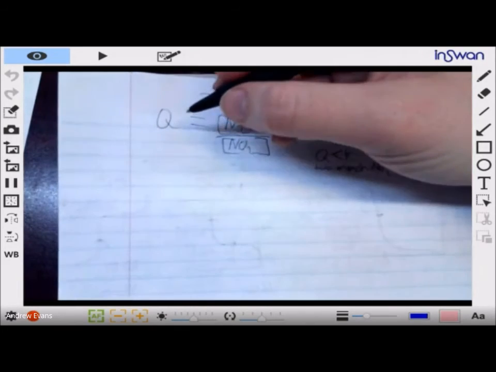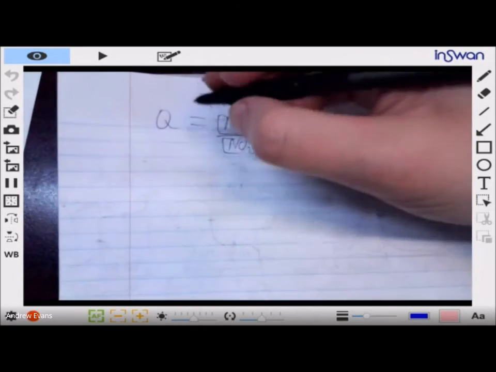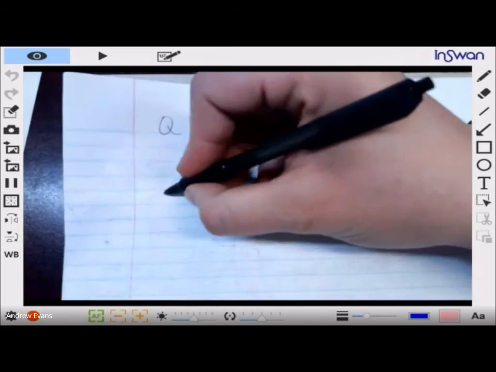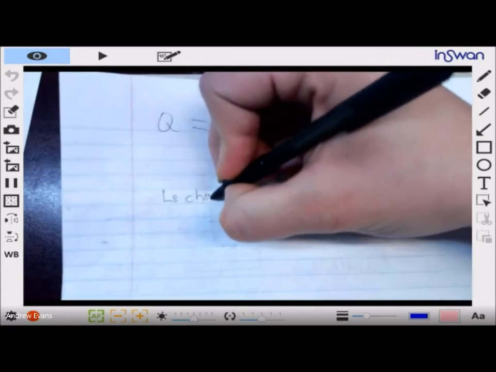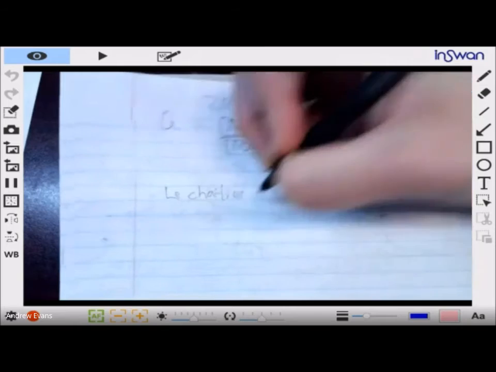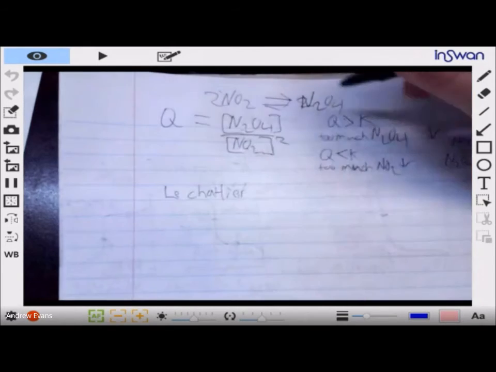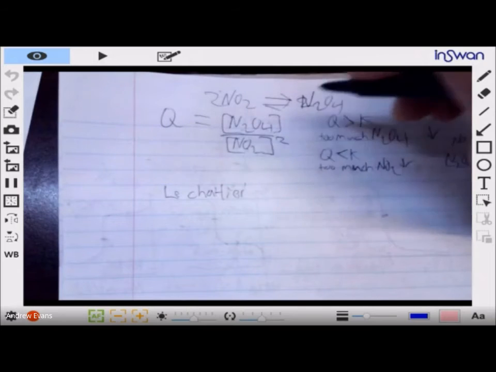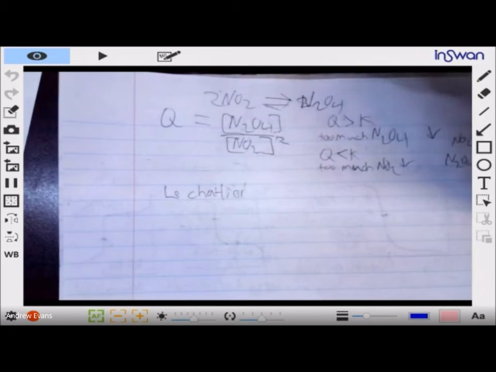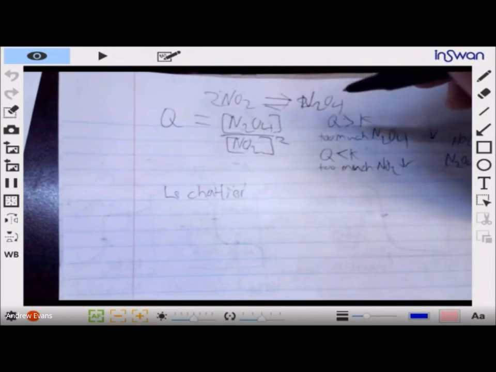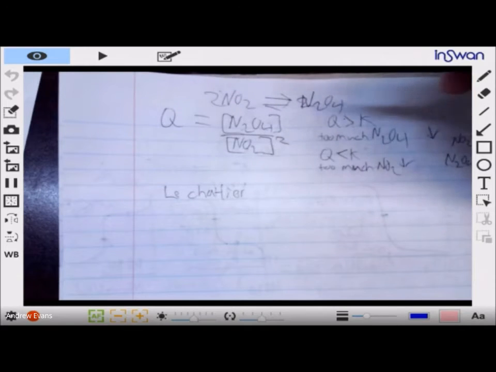And one other thing we dealt with when we dealt with equilibrium was Le Chatelier's principle. Le Chatelier simply said that by changing various aspects, we could disturb the Q and K expression, and force it towards one side or the other.